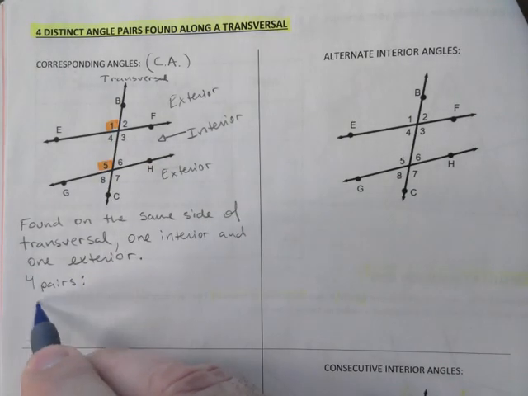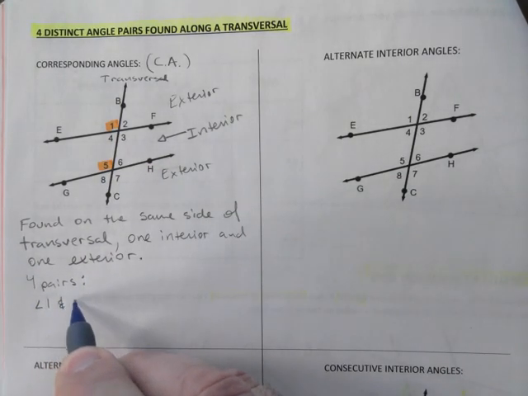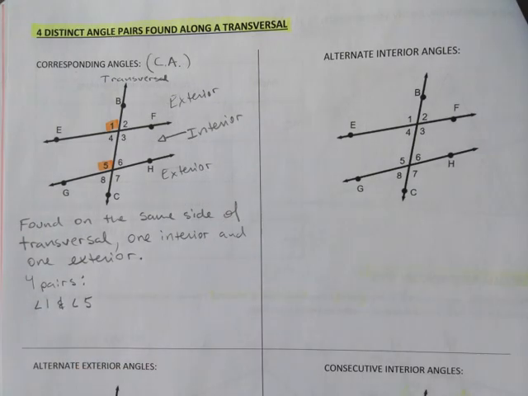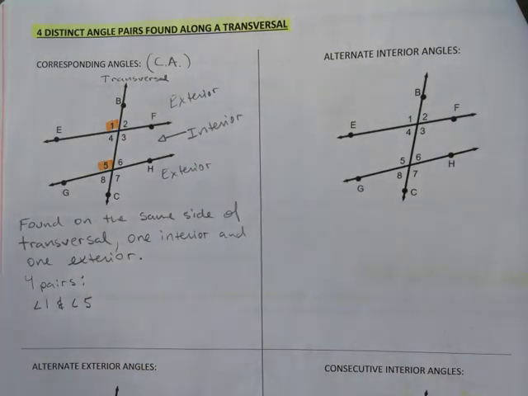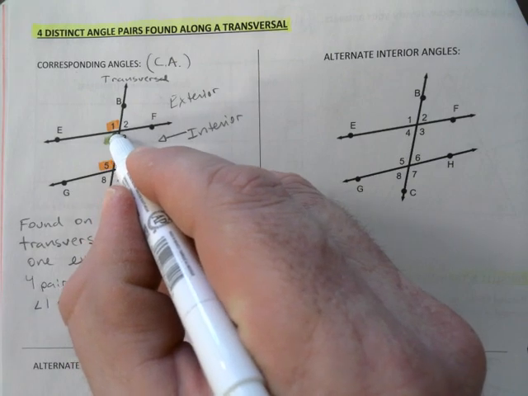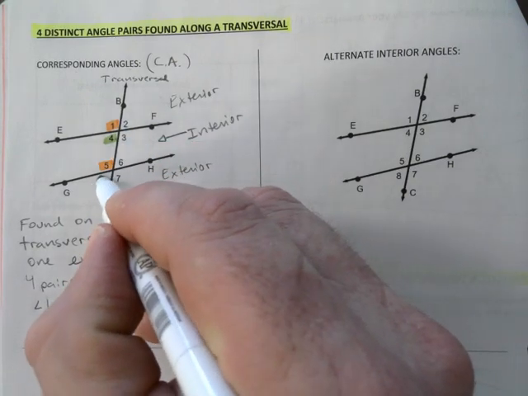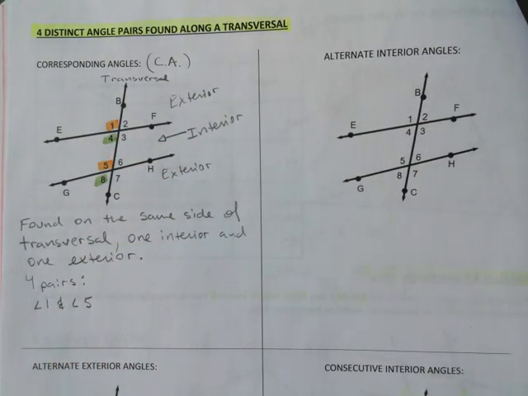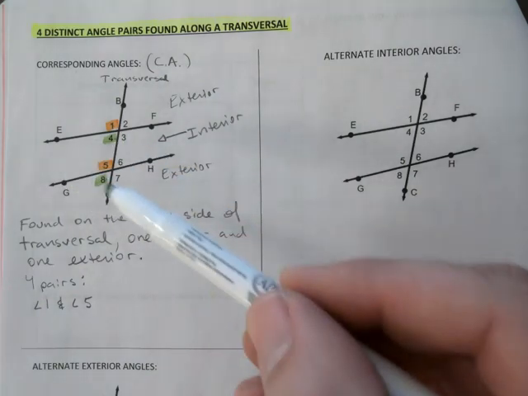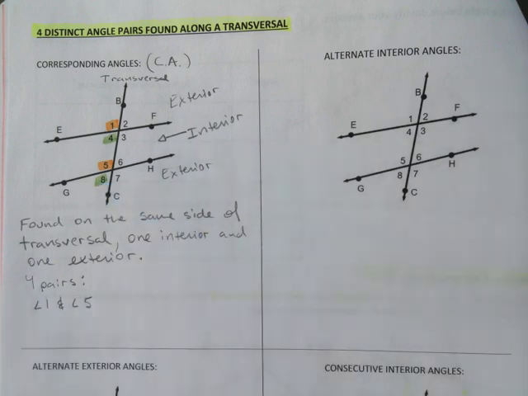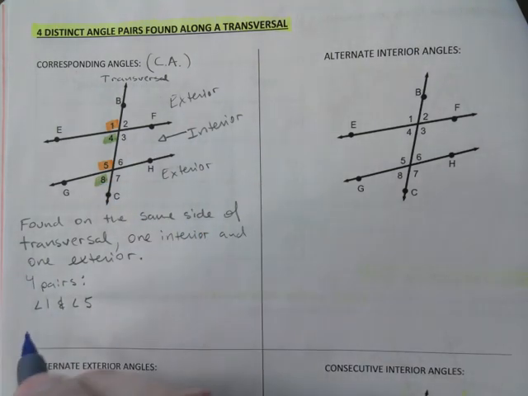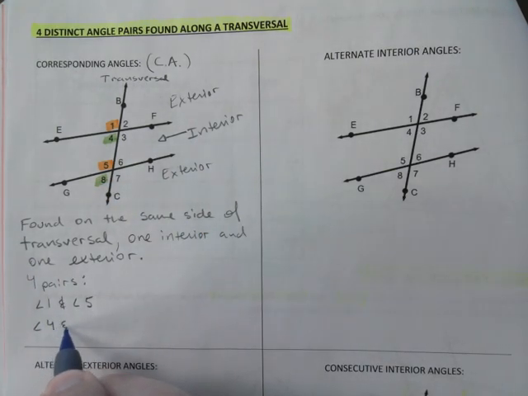Angle 1 and angle 5. Use a different highlighter if you have one. 4 would be corresponding to 8. On the same side of the transversal, one has to be interior, one has to be exterior. So we'll put angle 4 and 8.